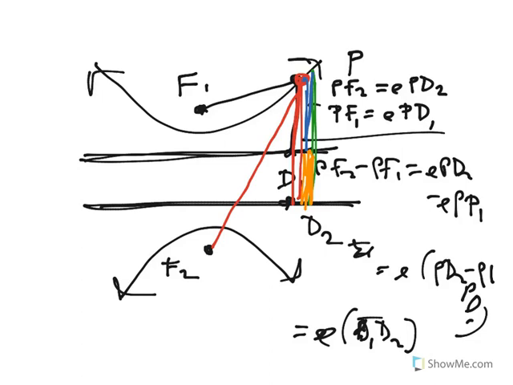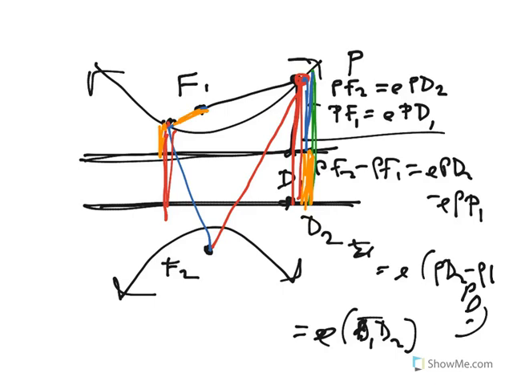And even if P was over here, let's say, this same thing would happen, where the difference between these 2 distances would be E times that. And if I was using this other one, it would be this length, E times that.